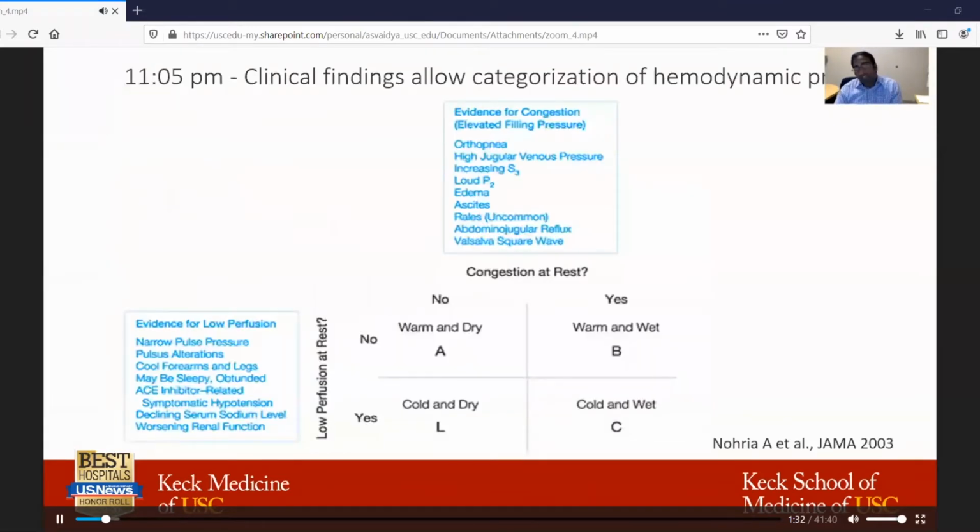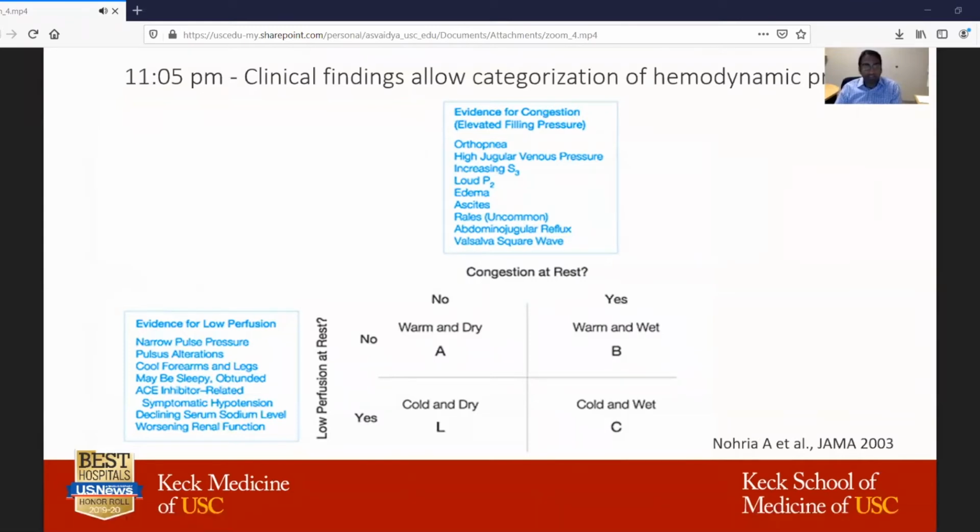So your initial thing is examining the patient. How does this information help you? Your clinical findings allow characterization of hemodynamic profiles. You might have seen this table before, popularized by Lynne Warner Stevenson. It shows on one axis signs of congestion or volume overload, and on the other axis signs of hypoperfusion.